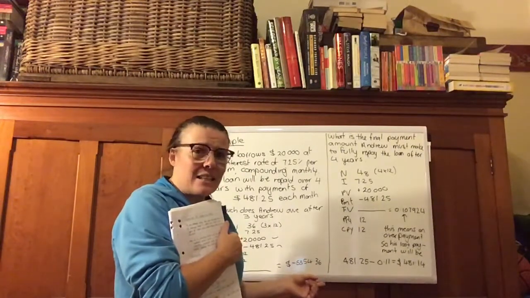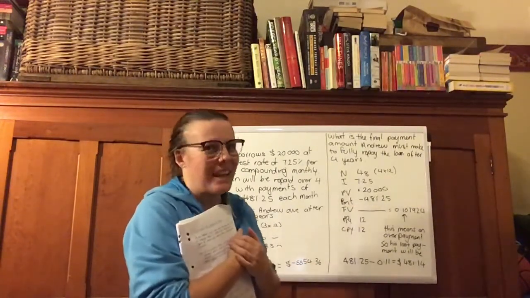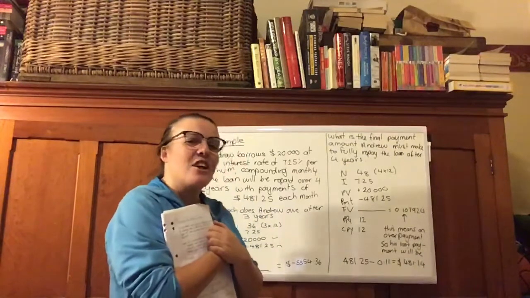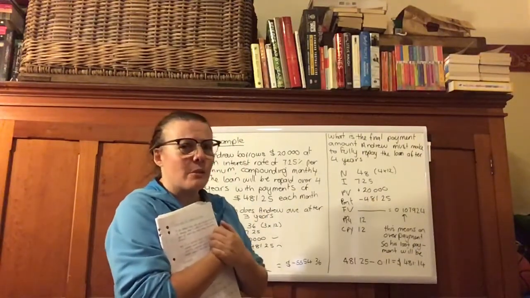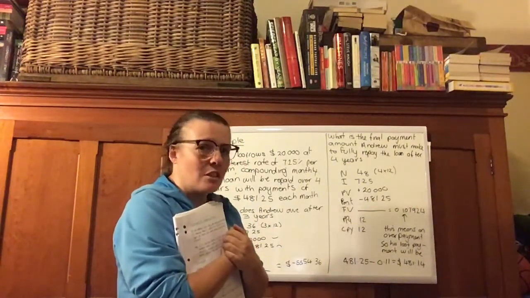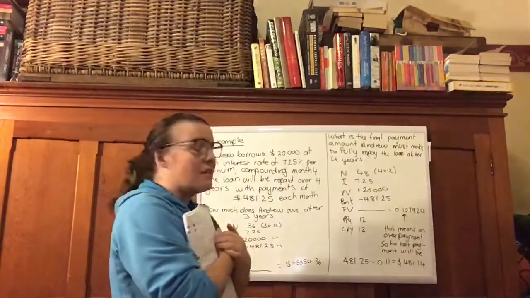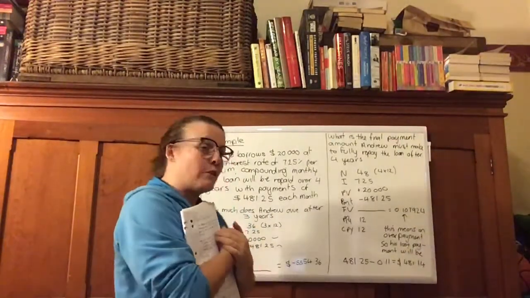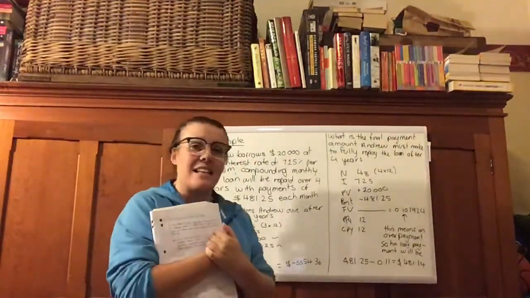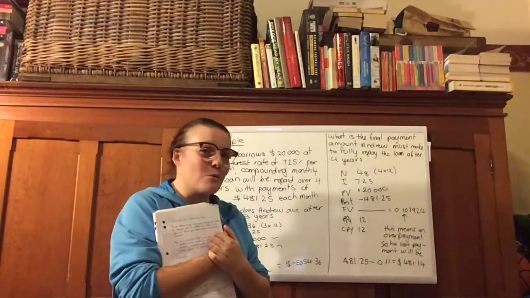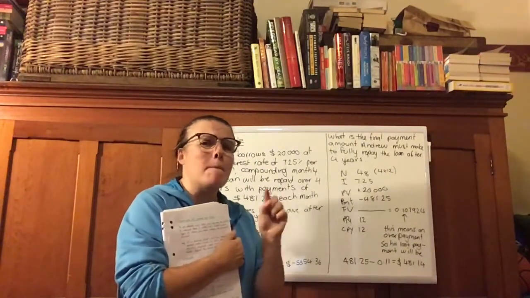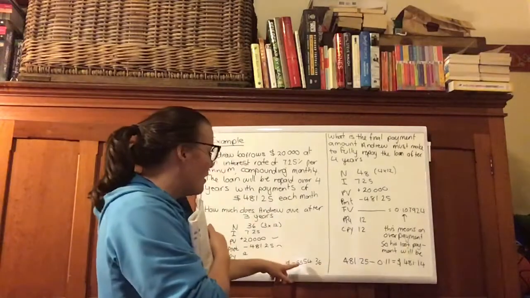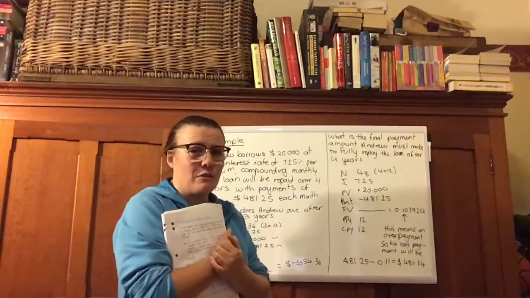In your sentence, because of course you're going to state your answer as a sentence, you would write, after 3 years, Andrew still owes $5,554.36. You're not going to write down that he owes minus $5,554.